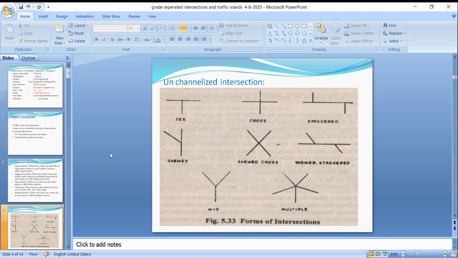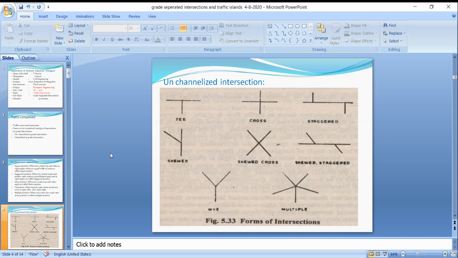The first one is the T junction, and the last is the staggered. In the staggered junction, you can observe that the branch roads are far away from each other along the main road, having some distance, like 1 kilometer to 1.5 kilometers from the right branch to the left branch.